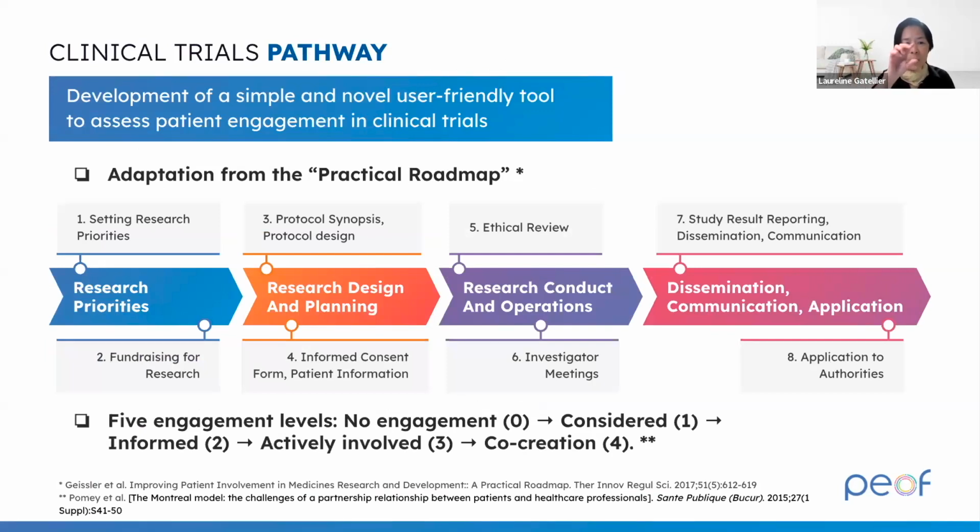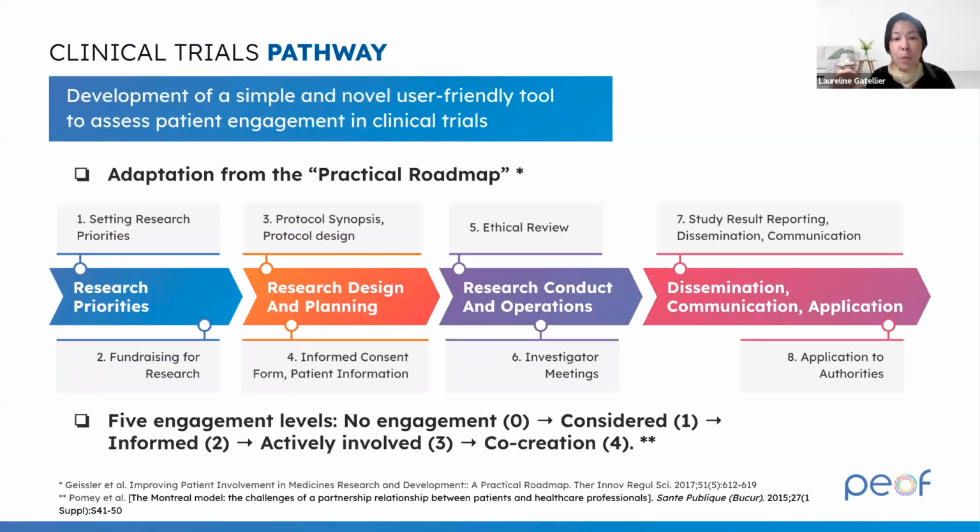So this tool, you see, was an adaptation from the practical roadmap from Jan Geisler. You will see him later in the panel. So we have 4 major arrows going in the direction from research priorities.